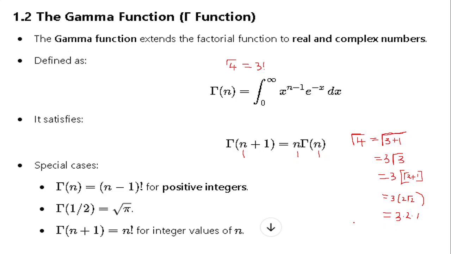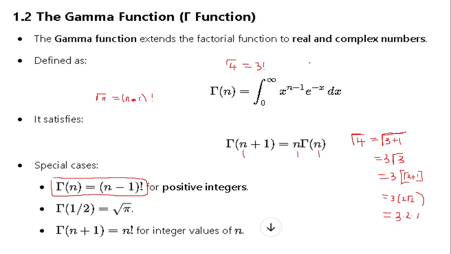Perfect. I wanted to know if you are there. So this is a special function. Anytime you see gamma of n, it is saying that it is n minus 1 factorial, sorry.